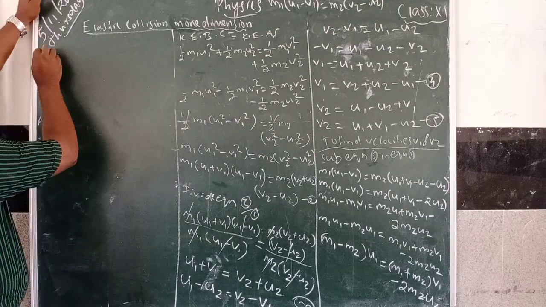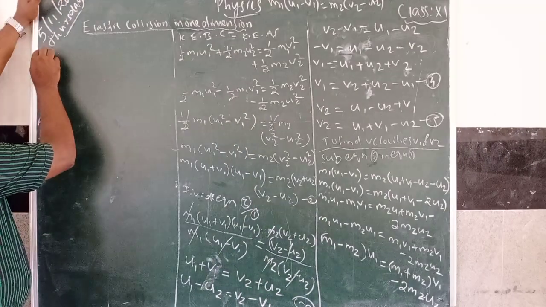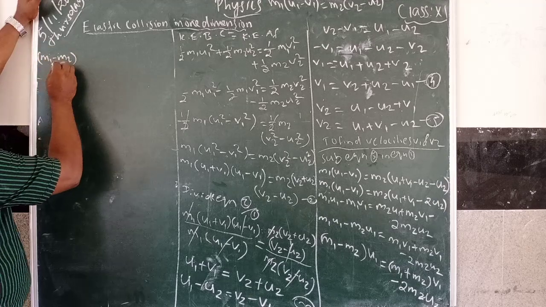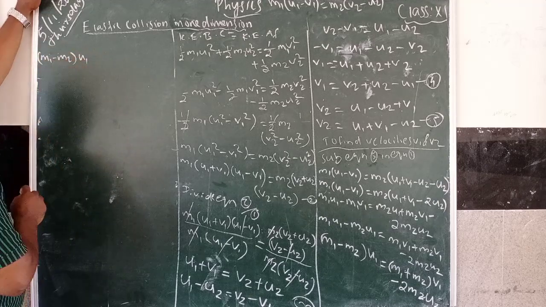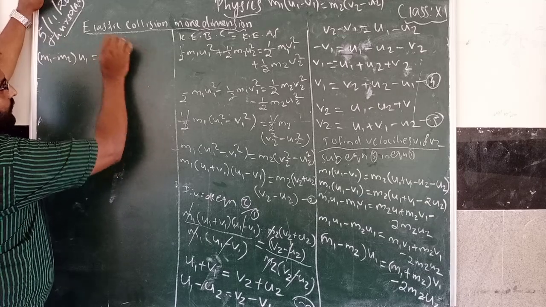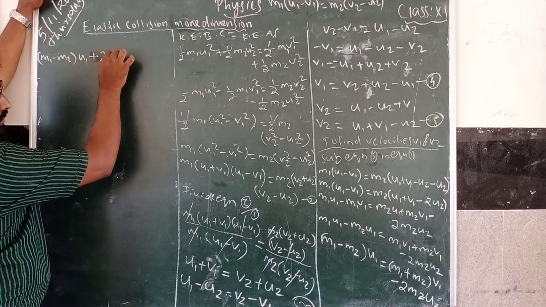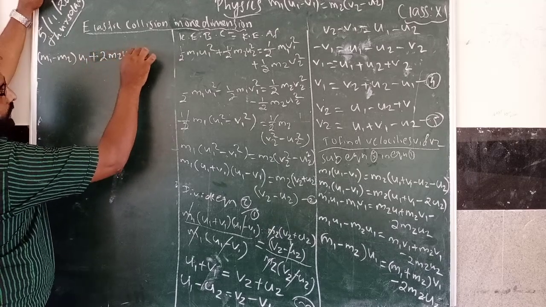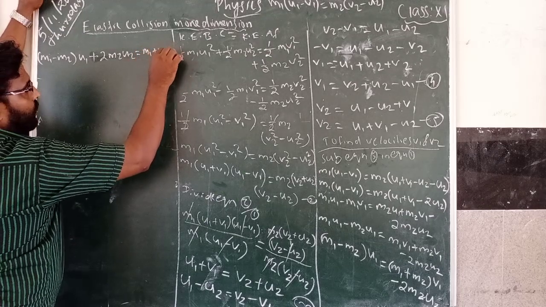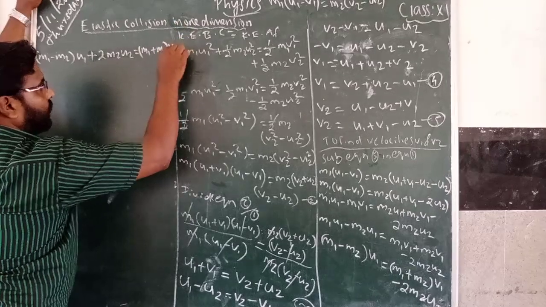Now next step, take this 2 M2 U2 this side. So (M1 minus M2) into U1 is equal to M1 plus, so take that down, so plus 2 M2 U2 equal to (M1 plus M2) into V1.